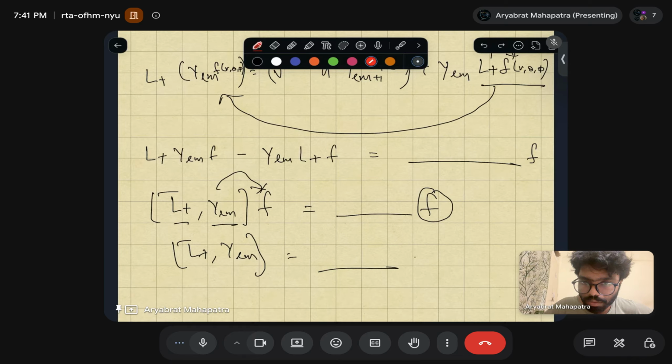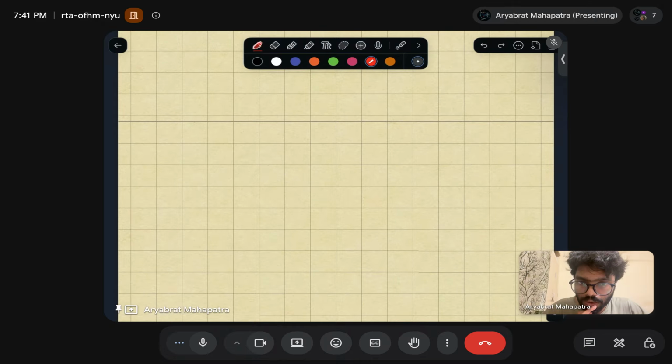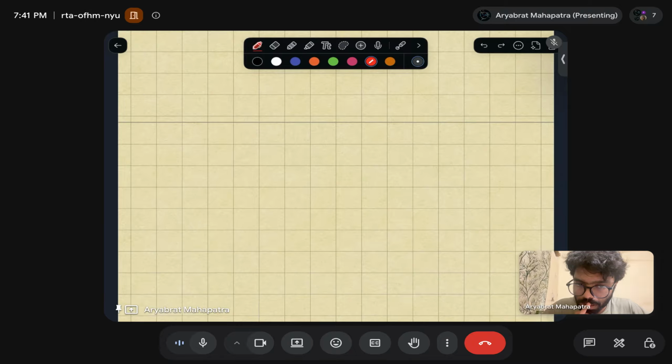So when I expand this, I will write y square pz square plus z square py square minus 2 ypz zpy. These are operators, so I can't change the sequence, right?